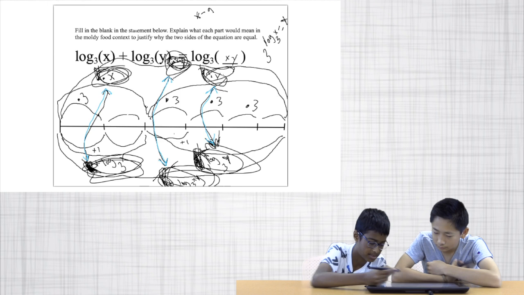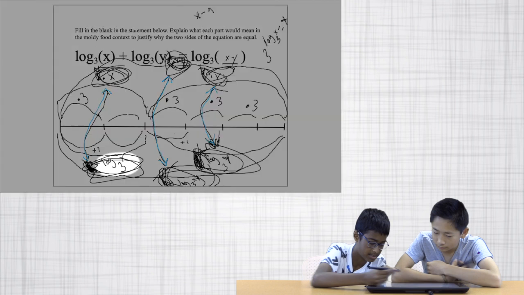In this episode, Aurobindo and Josh explained why log base 3 of x plus log base 3 of y equals log base 3 of x times y. They explained that log base 3 of x represents the number of hours it took for the amount of mold to increase by a factor of x, and that log base 3 of y represents the number of hours it takes for the amount of mold to increase by a factor of y.